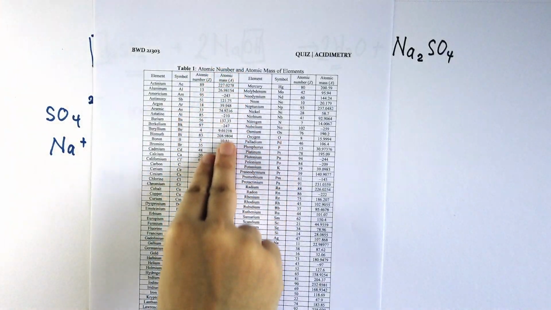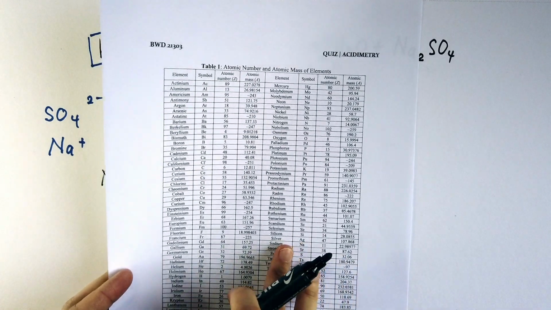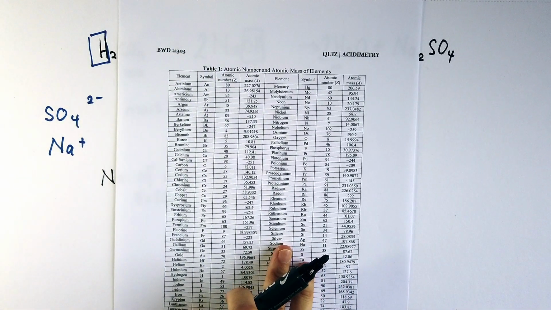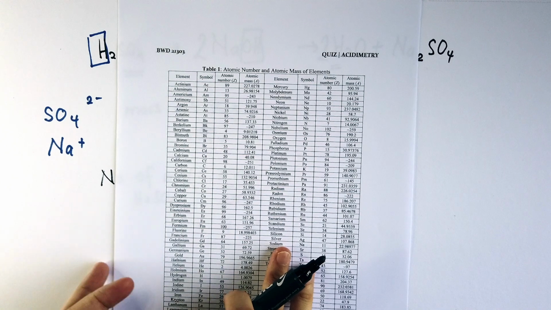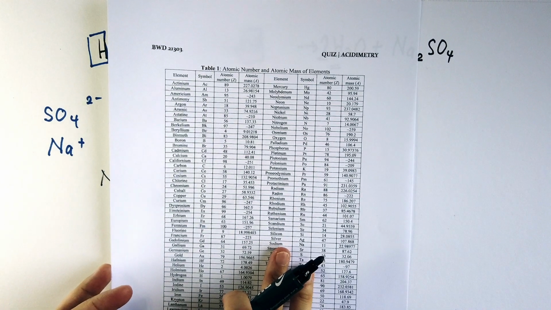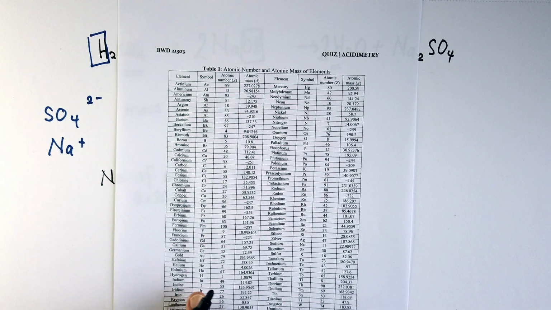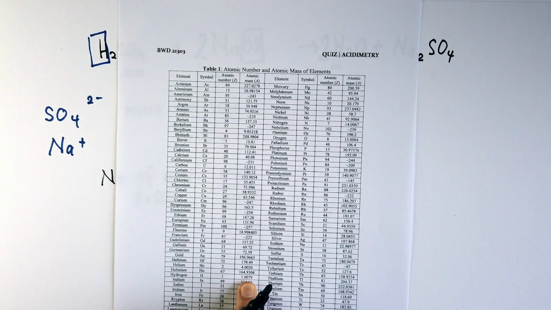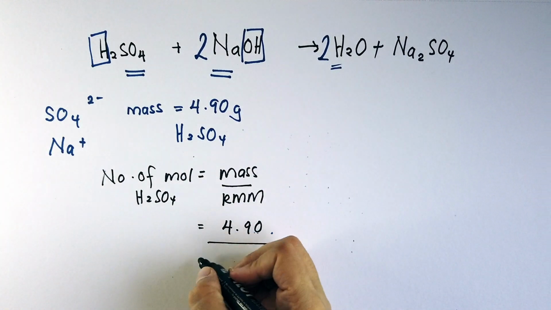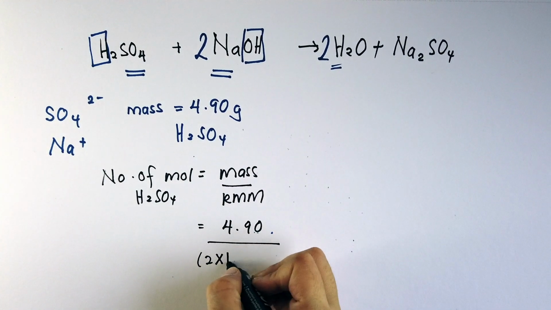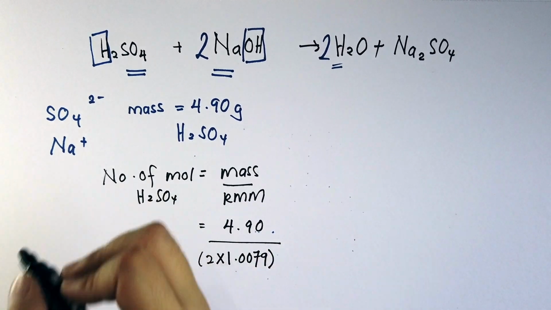You're going to look at the mass. You need to look at the value of the atomic mass for hydrogen, oxygen and sulfur. I'm going to show you. For hydrogen here is 1.0079. Because you have two hydrogen, 2 times 1.0079. That's for hydrogen.